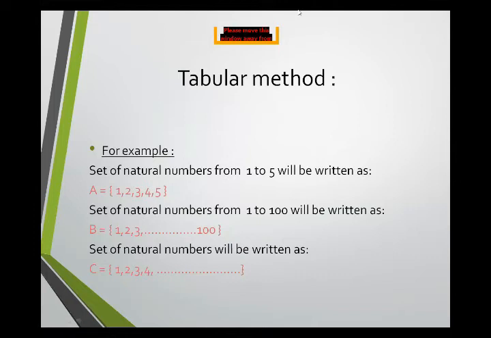Now the third example is the set of natural numbers will be written as. Here no condition is given to us, and we already know that the natural numbers start from 1. So we start our set from 1, but we don't know about the end.